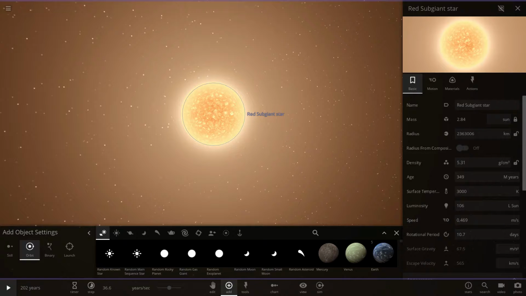I'm trying to explain it so some of you guys can actually understand it. Basically, it's like a supergiant star that shrunk down to where it's like 3 to 5 times the radius of the sun, but it's still a very energetic and highly luminous star. It is stupidly luminous.